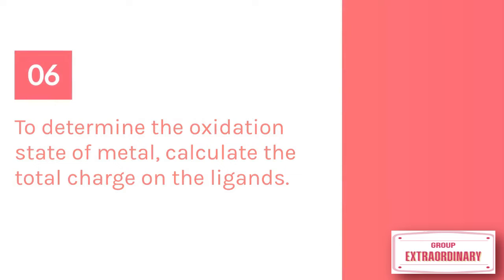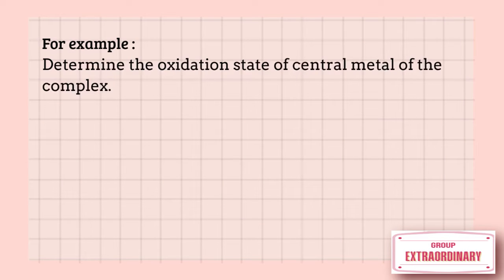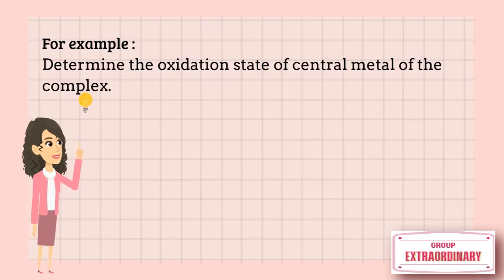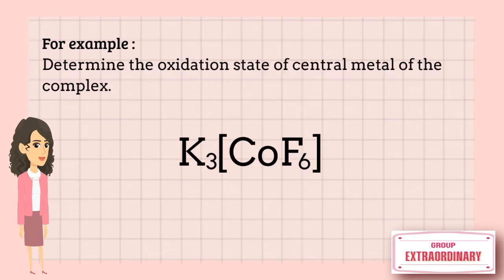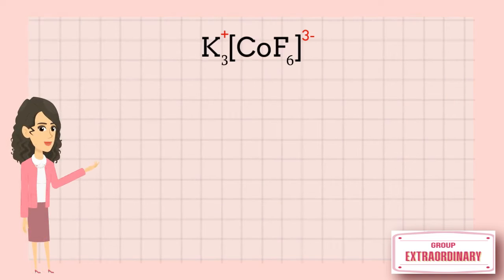Rule number 6. Here, we need to find the oxidation state of the metal atom. So, for example, determine the oxidation state of the cobalt atom. As we know, the potassium is going to be positive 1, and the anionic complex will be negative 3. In this complex, we know that the ligand fluoride charge is negative 1.